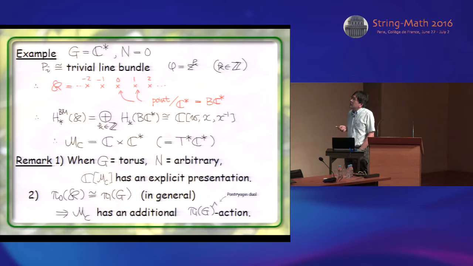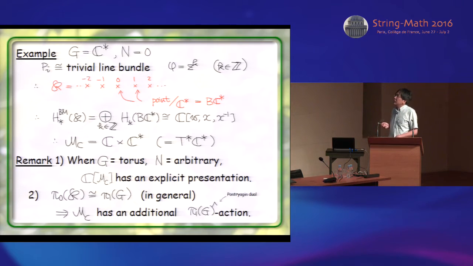Then the Borel-Moore homology of the space R is a direct sum of copies of the classifying space, and this homology of the classifying space is just a polynomial in one variable, which I denote by w. And I take a copy for each k in Z. So I also have another variable x, and I also need to allow the negative powers, x and x inverse.